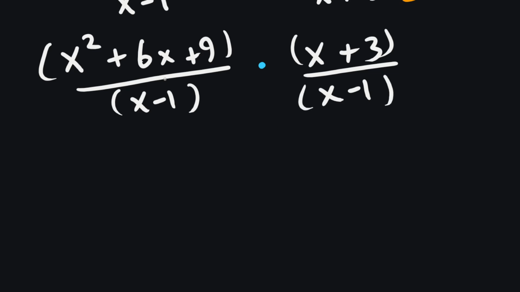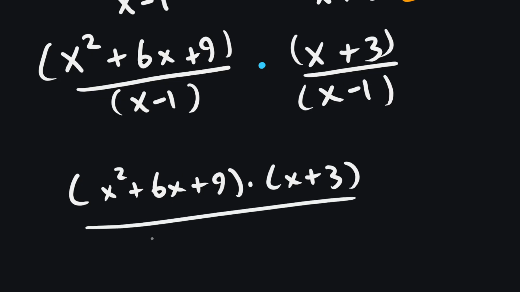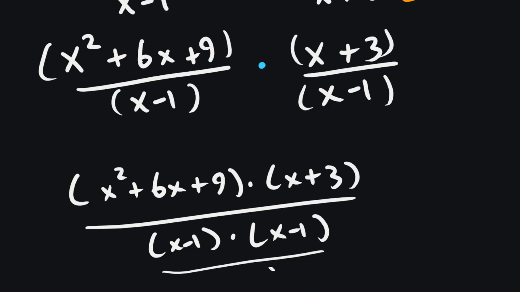So x squared plus 6x plus 9 times x plus 3, over x minus 1 times x minus 1. Anything times itself is just that number squared, so x minus 1 times x minus 1 is simply x minus 1 squared.